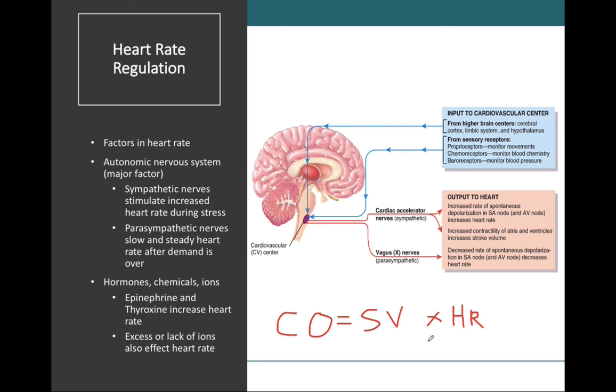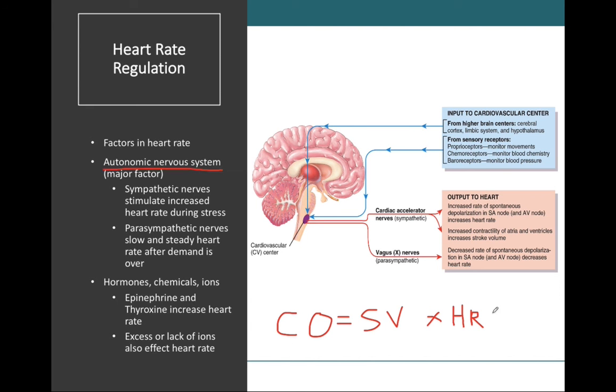But here on this slide, we're going to talk more about what's regulating heart rate. We have to include this information about heart rate, as this is also playing a major role in what our cardiac output is going to be. So based on the formula that we see, the greater the stroke volume and the greater the heart rate, the greater the cardiac output. So the heart rate is naturally set by our autorhythmic fibers.